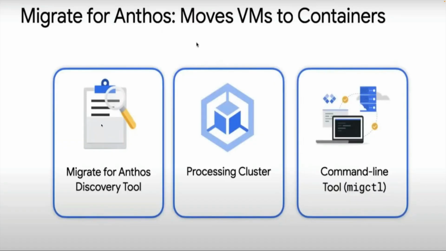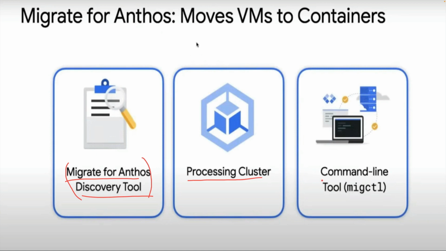Migrate for Anthos is the tool which will move VM to container, and here as you can see, the Migrate for Anthos discovery tool will initialize and discover all the source VMs. Then in our target environment, we have to create a processing cluster, I mean a GKE cluster.